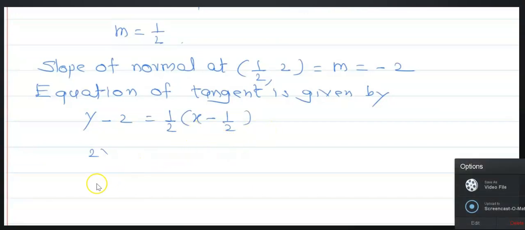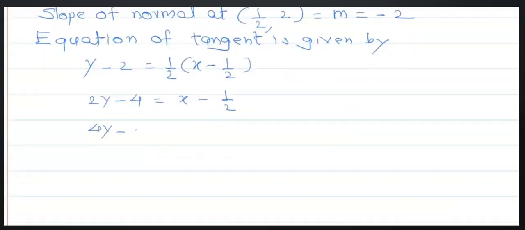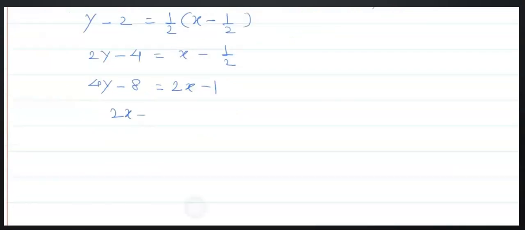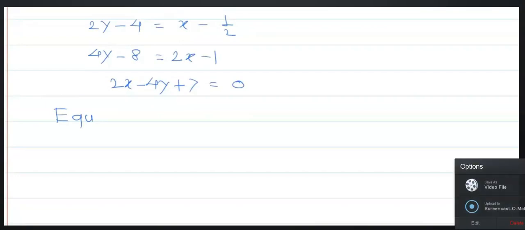Now evaluate this equation: 2y minus 4 is equal to x minus 1/2. Multiplying the equation again by 2, you will get 4y minus 8 is equal to 2x minus 1, that is 2x minus 4y plus 7 is equal to 0. This is the equation of the tangent to the given curve.